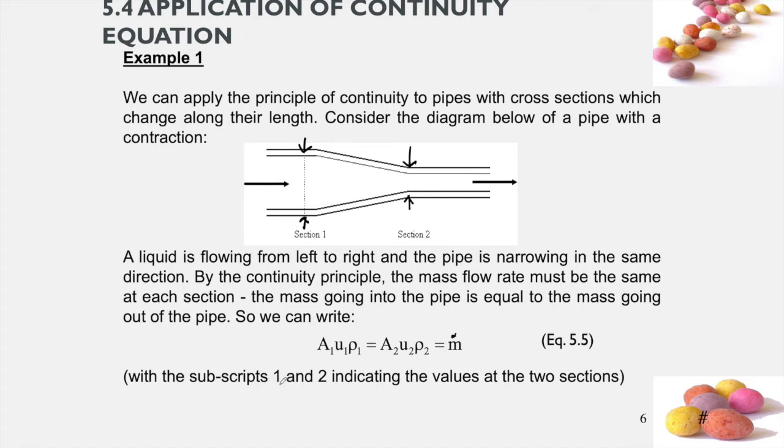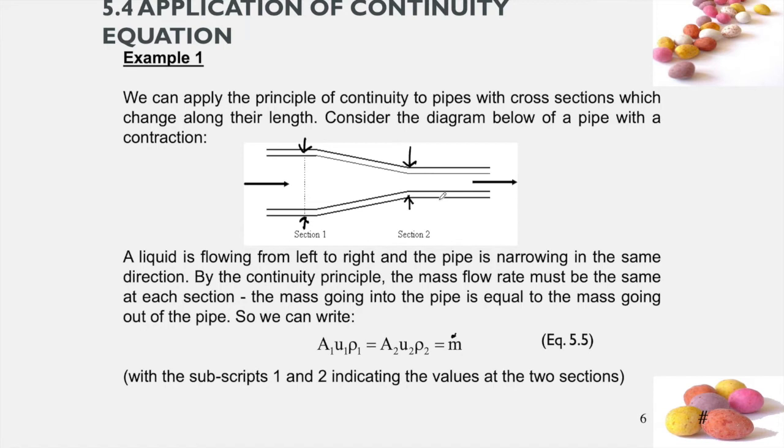The subscripts 1 and 2 indicate section 1 and section 2. From that equation, we know that the liquid flowing in these pipes is an incompressible liquid or incompressible fluid.